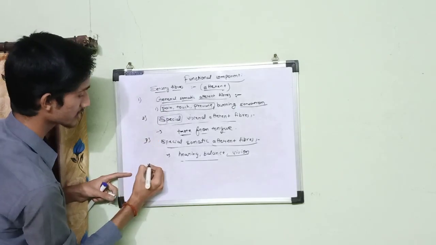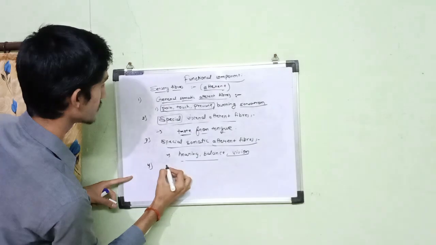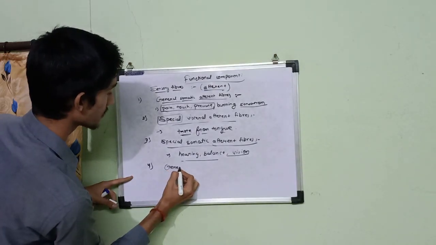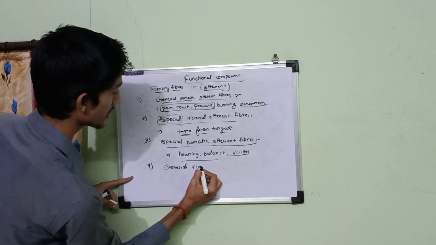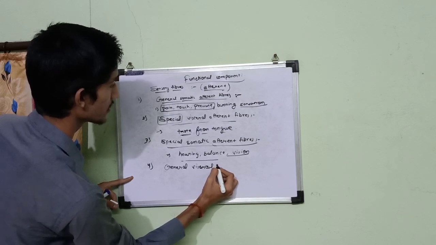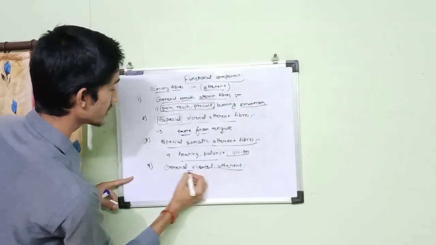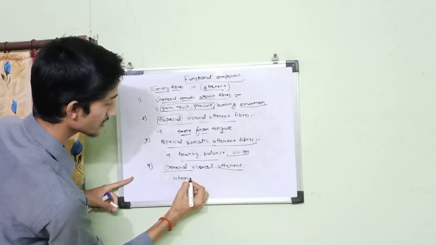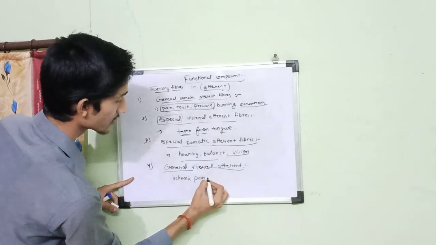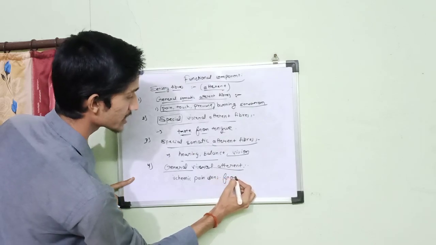The last functional component for sensory fibers we are left with is general visceral afferent fibers. These fibers are going to take the ischemic pain sensations from our viscera.